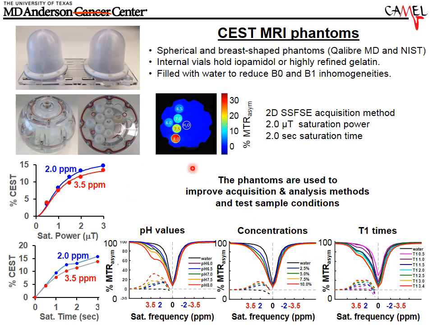So by making this phantom, it facilitates the implementation of CEST at your institution. You can check to make sure that the acquisition and analysis methods are working well. And you can also then calibrate or optimize your saturation power and saturation time in your experiment very easily. So I would strongly recommend a phantom.